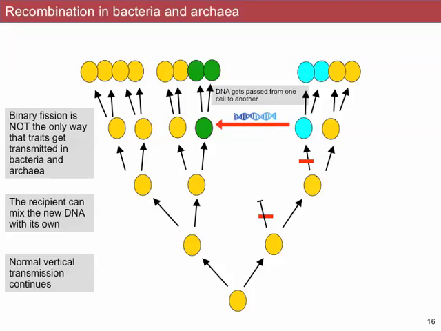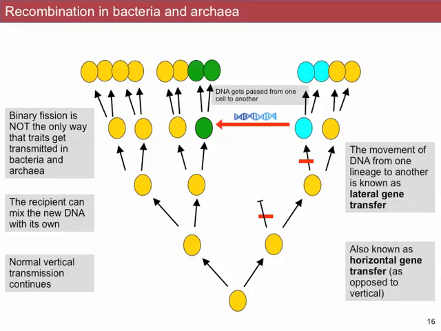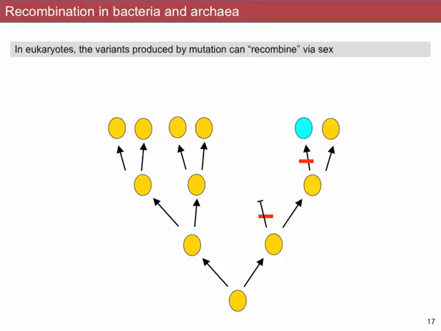Now, microbial eukaryotes and multicellular eukaryotes have another means of recombination that you should be familiar with, which is sexual reproduction. So you would have, say, these are all different individuals within a species. One of them gets a genetic change. They can produce gametes. Those gametes can fuse and produce an offspring that would acquire the genes from this lineage.